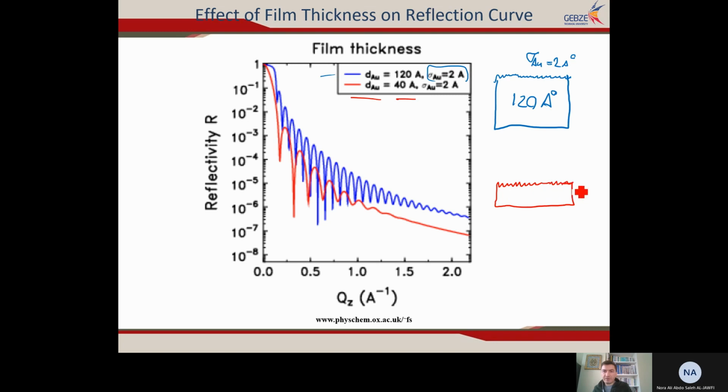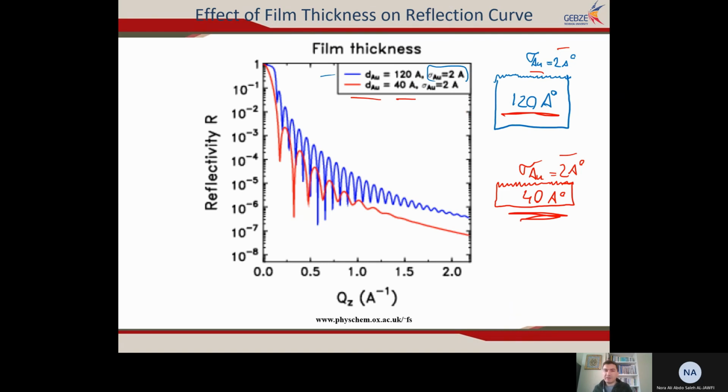Everything is the same, just the thickness is changed. The roughness of the gold is also 2 angstrom in this case. They have the same electron densities, and we are using the same instrument. The only different parameter is the thickness of these two materials.